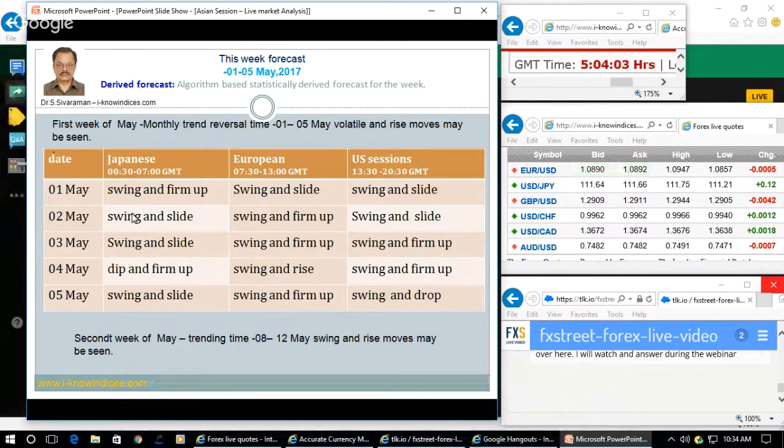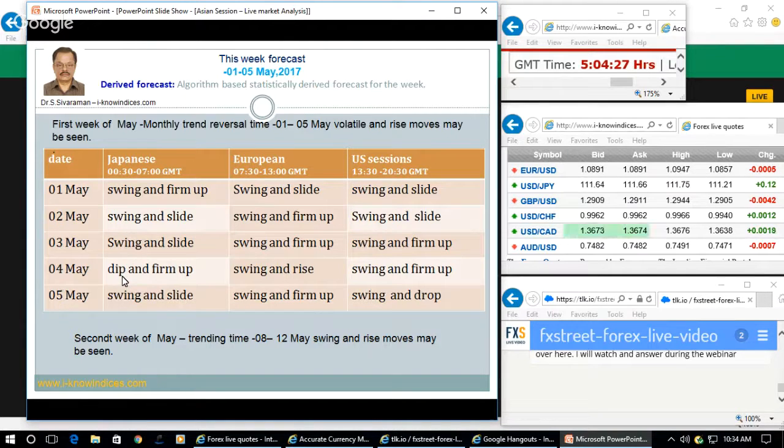Then they could continue the slide tomorrow during the Japanese session and firm up a little bit during the European session and again make the slide during the US session. Then continue the slide on Wednesday and firm up during European and US sessions of Wednesday.